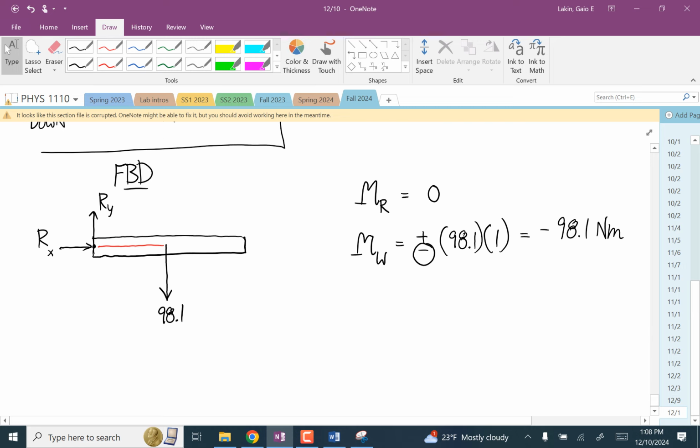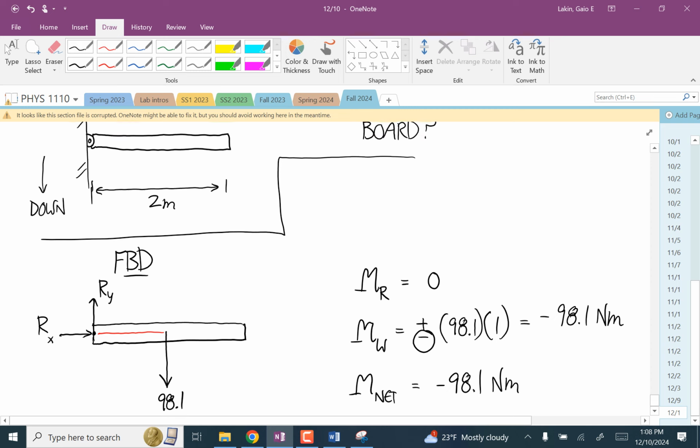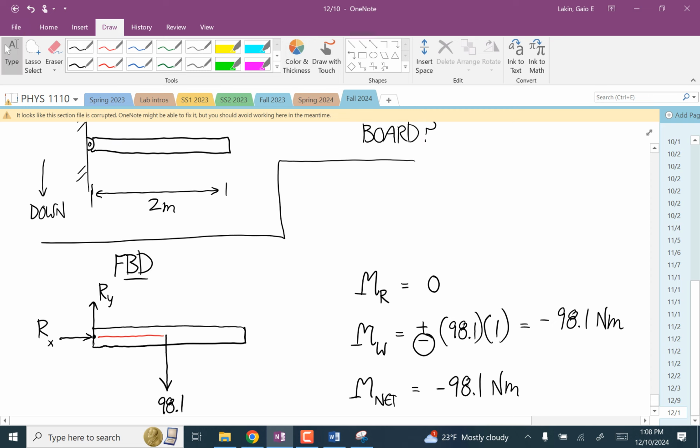Okay, so we know that the net moment is the sum of these, so negative 98.1. And now we have to calculate the moment of inertia. Notice that this hinge is in the middle, in the up-down dimension, and at the edge in the long dimension.